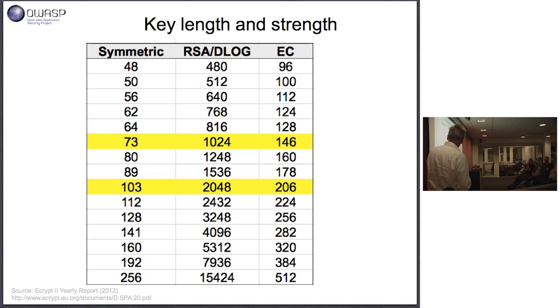What we can see is that the strength of RSA keys scales pretty slowly compared to symmetric keys. If we look at 256-bit AES, for example, we would need something like 15,000-bit RSA, which would be very, very slow to run. And if you look at 2048, which some people are moving to, that would be something like 103 bits.